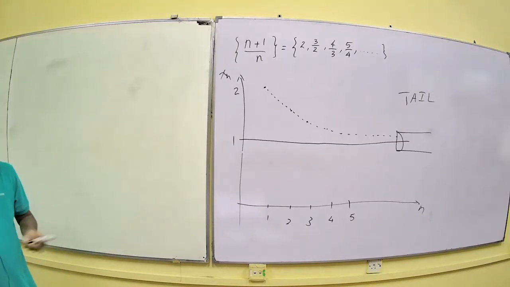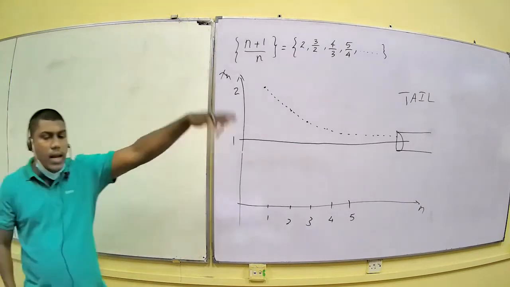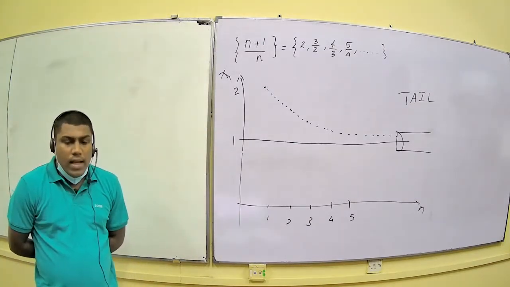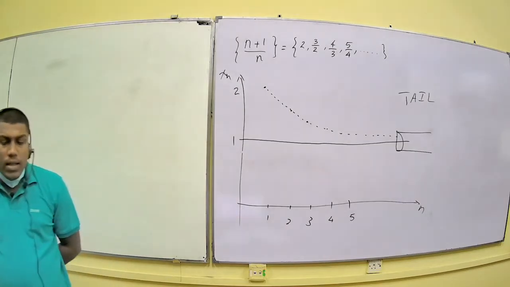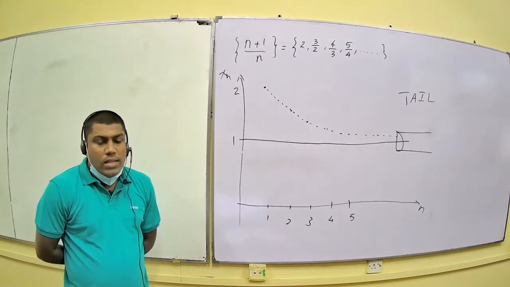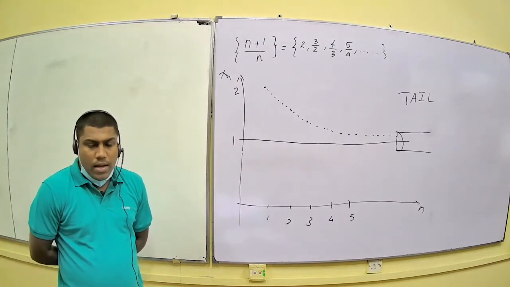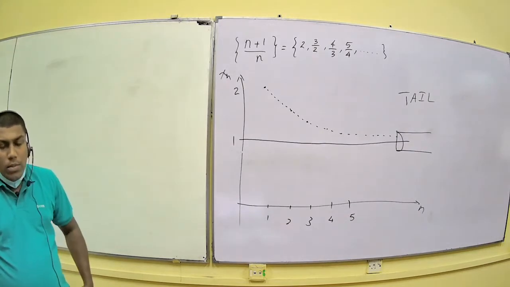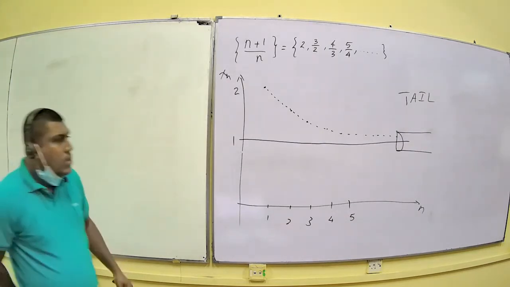If the tail goes inside the tube, then we can say that the sequence is converging towards 1. You can make the tube as small as possible.